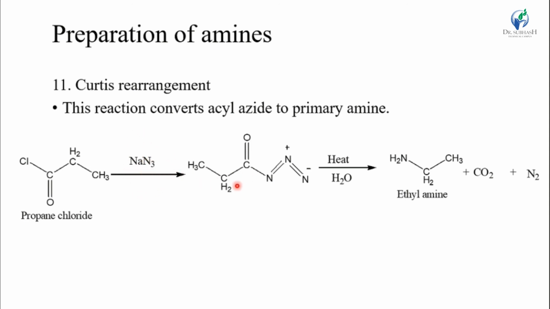This is the alkyl azide group, and further heating, one water molecule is removed, one water molecule is also added, making ethylamine. Ethylamine is generated and N2 is removed and CO2 is also removed.